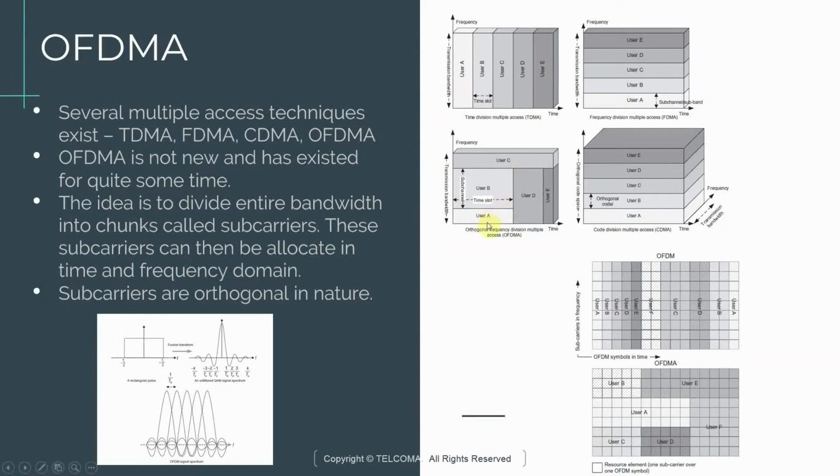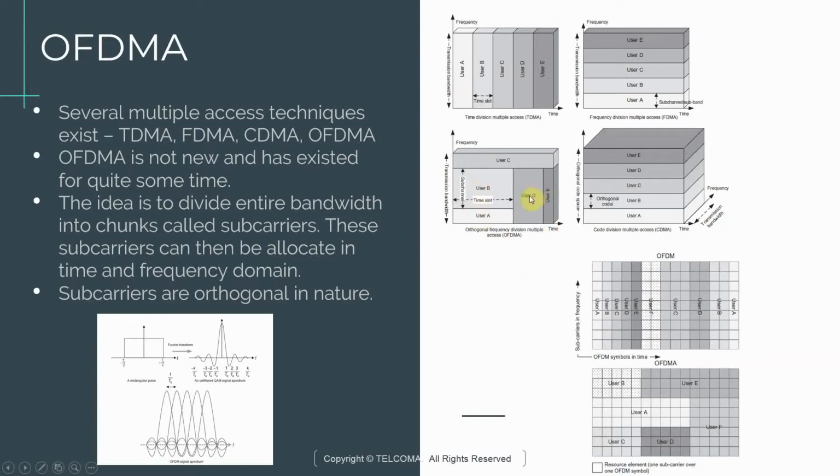Say, for example, user A is using this frequency, but only for this time duration. User B is using this chunk of frequency for the same time duration as A, but there would be no interference because the frequency being used by B is different from A.